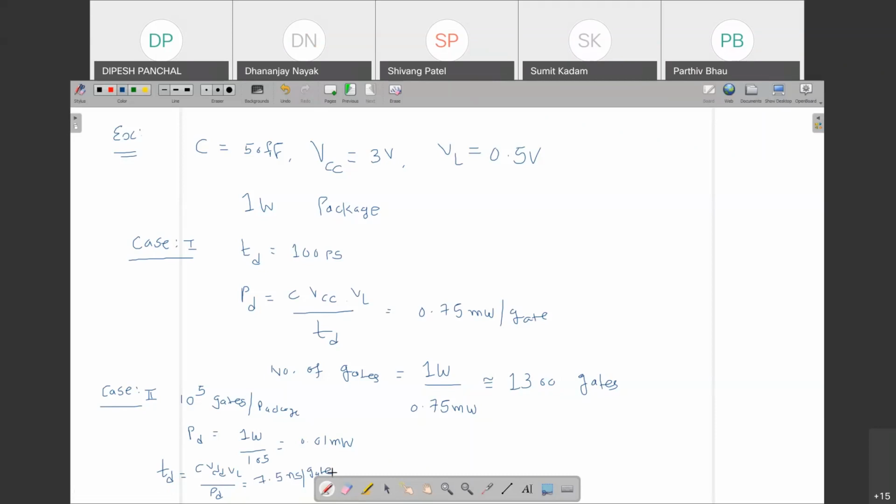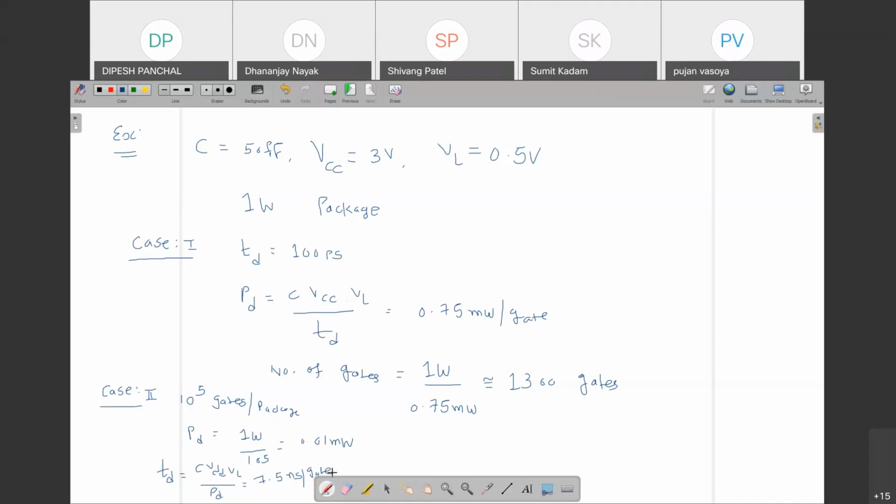But at that time, we accommodate only 1300 gates. Yes, any other observation? Sir, power dissipation is low, low power required per gate. That is also a trade-off. Okay.